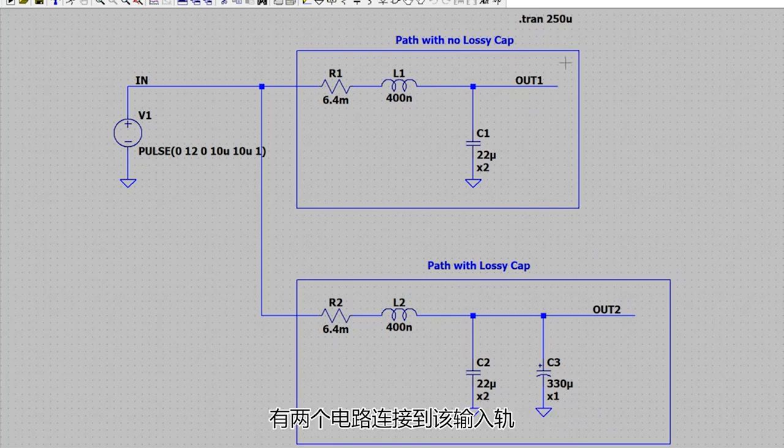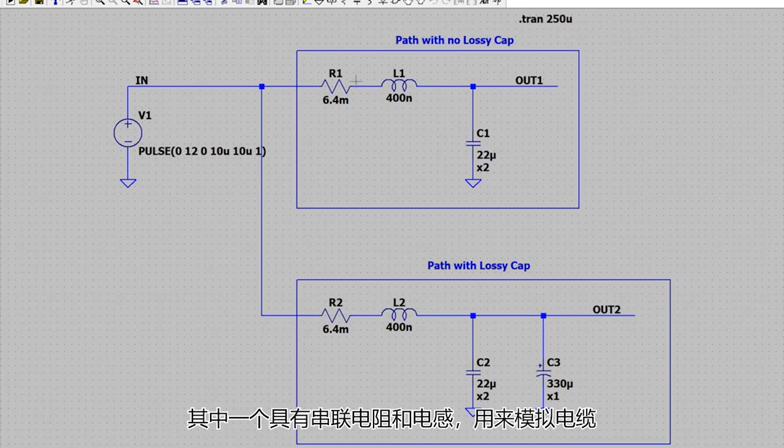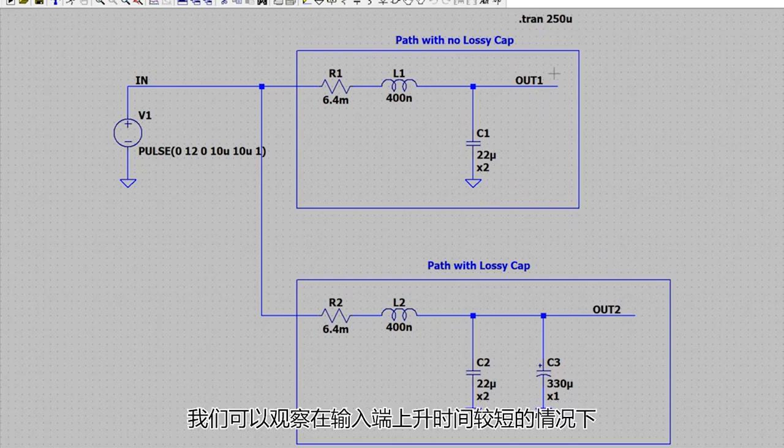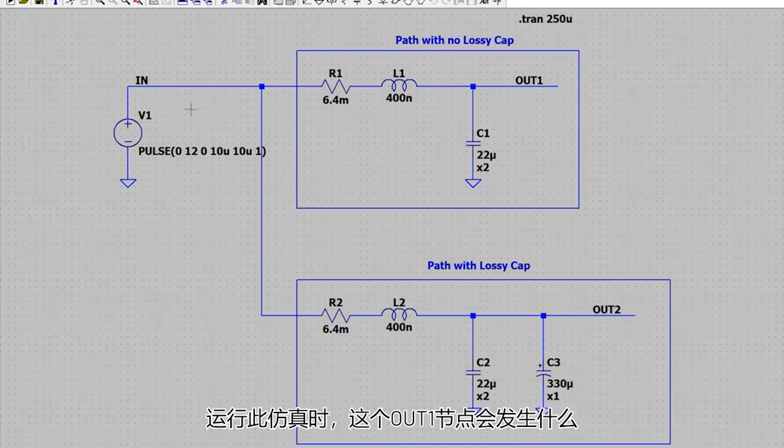And then I've got two circuits that are connected to this input rail. One has series resistance and inductance that simulate a cable, and just ceramic caps on our input. So we can look at what happens here at this node called out1 when we run this simulation and we get the fast rise time on the input.